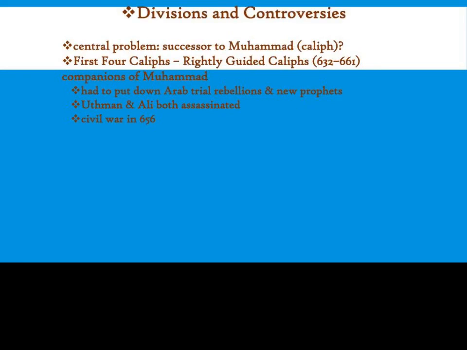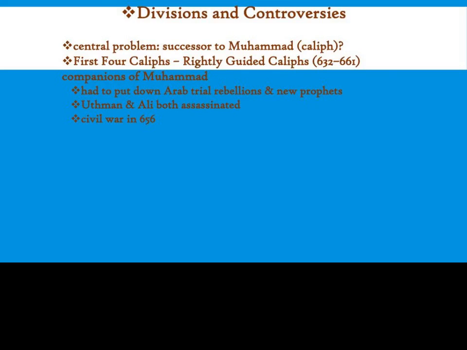Now let's look at divisions and controversies. There was a central problem when Muhammad died. Who should serve as successor to him? This was called a caliph. It's the leader. And the first four caliphs were called the rightly guided caliphs, 632 to 661.